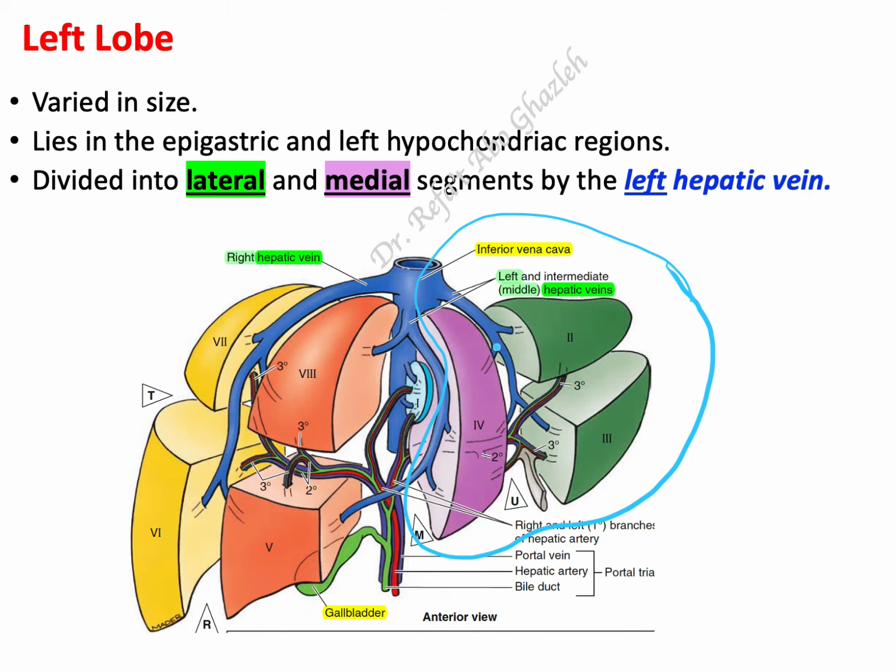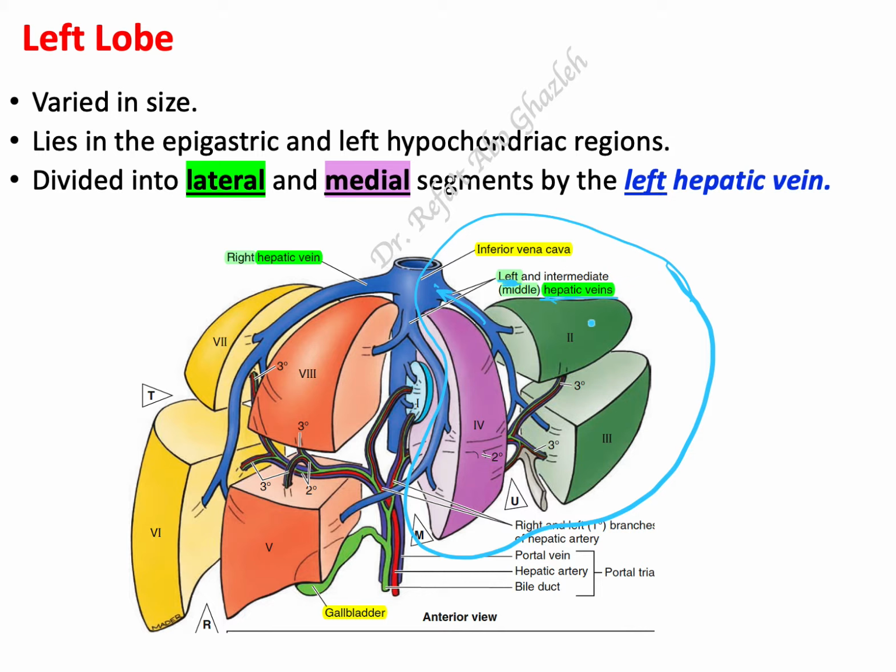And if you look here, you will notice that we have the left hepatic vein that drains the blood from the left lobe of the liver.